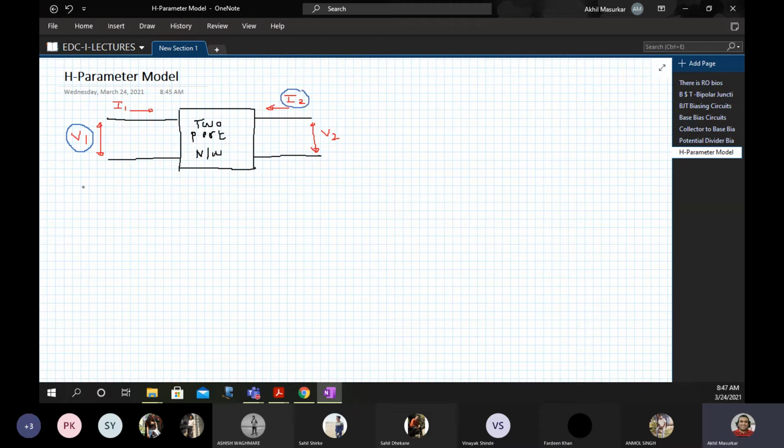So V1 and I2 are dependent parameters, and V2 and I1. So V1 and I2 depend on whom? They depend on V2 and I1. So that is why V2 and I1 we will call them independent parameters.